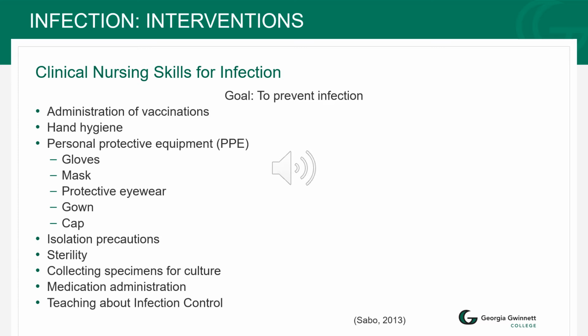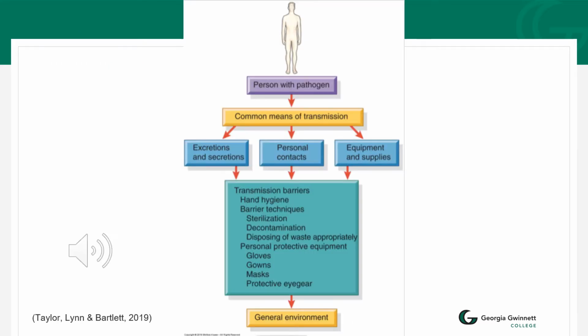Isolation precautions, we'll get into that in the next couple of slides. Sterility, sterile asepsis, again, talking more about that. Your medication administration based on the culture and sensitivity of your specimens. And then teaching about infection control, teaching your clients how to stay free from infection.